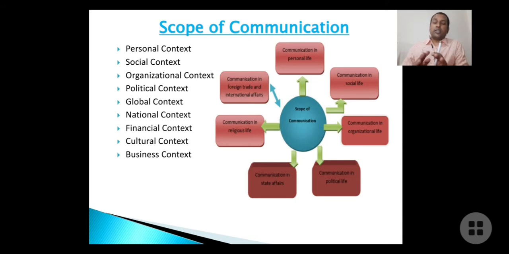Organizationally, if we think organizationally, one executive has to communicate with another executive to send information, and he or she also expects feedback from the other officer in an organization.